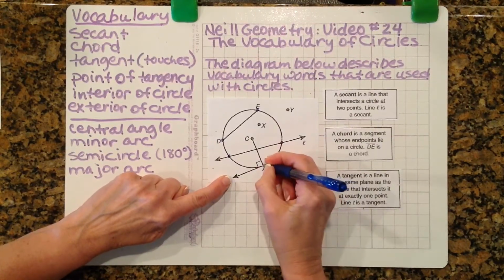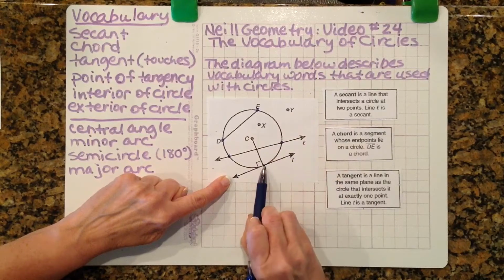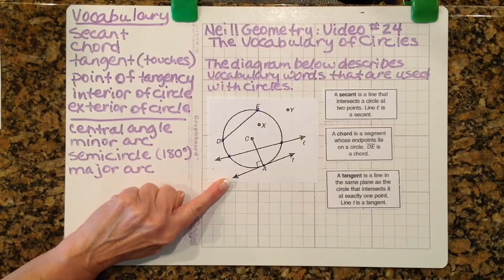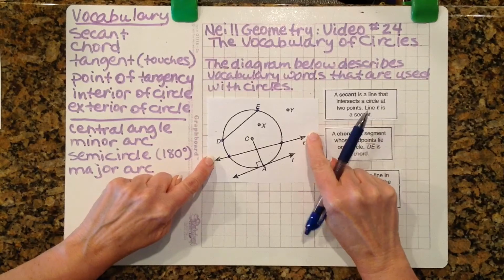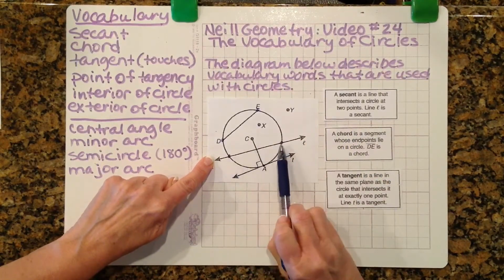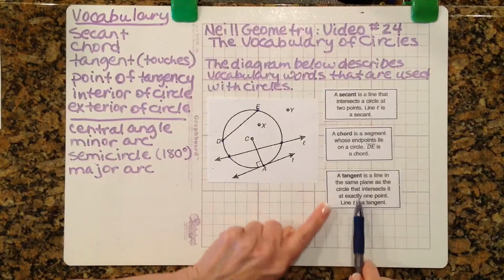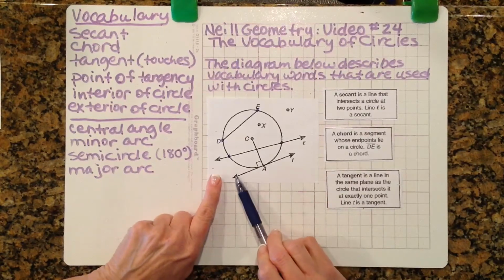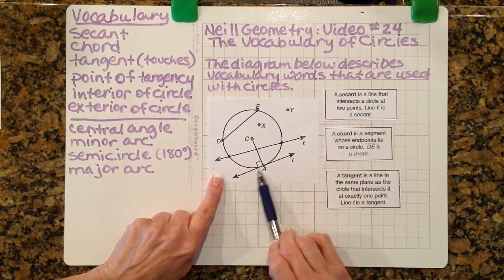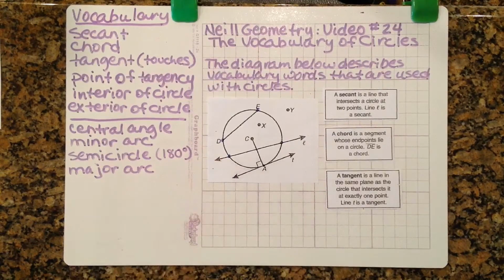It touches it one place right here and just keeps on going. Okay, this line L is not a tangent because it hits the circle in 2 places. A tangent only hits it at exactly 1 point. So a tangent line is 1 point and it's going to be outside your circle.